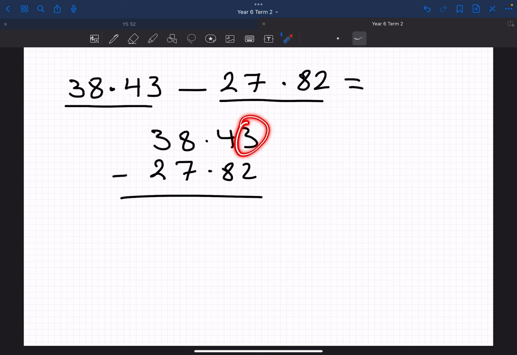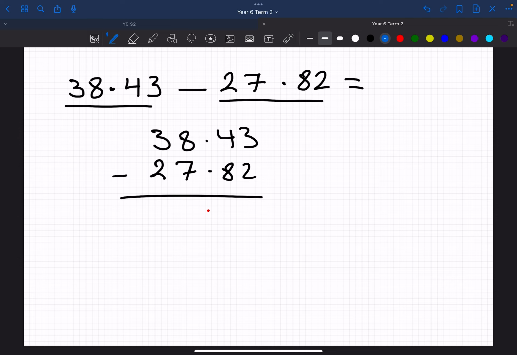Now we subtract normally, like they are whole numbers. The only thing we need to do before we subtract is put the decimal point down here in this way. Now we start our subtraction.